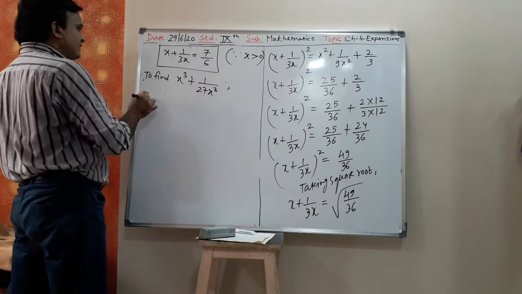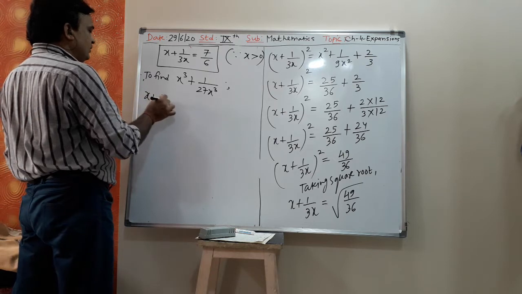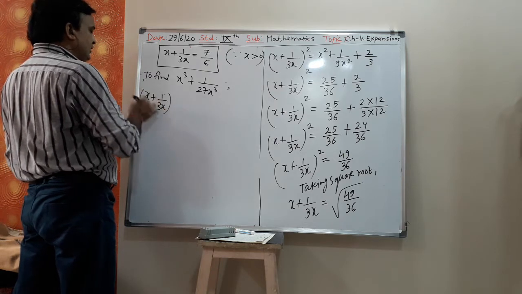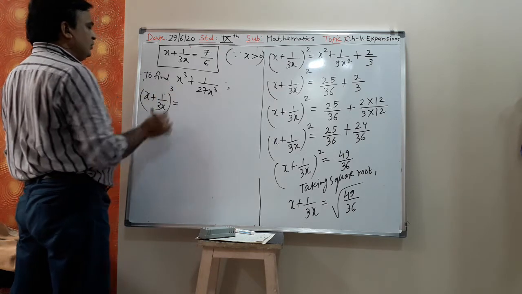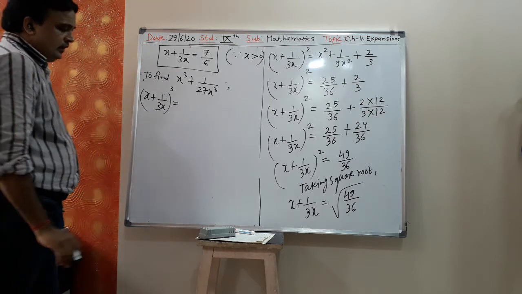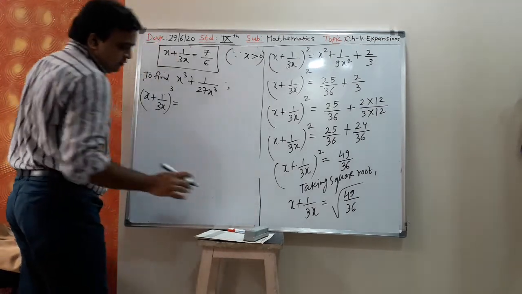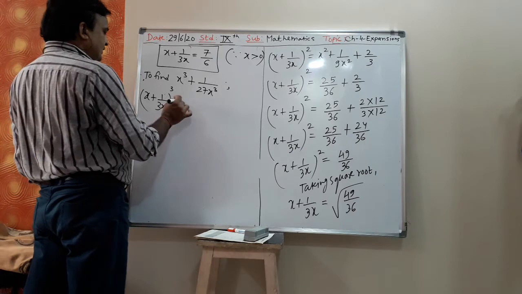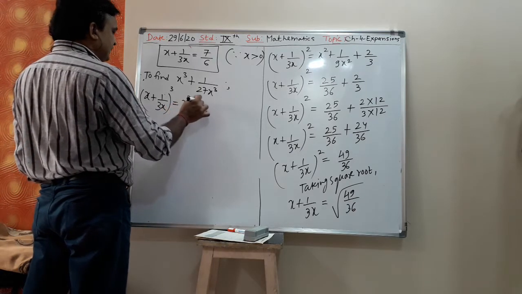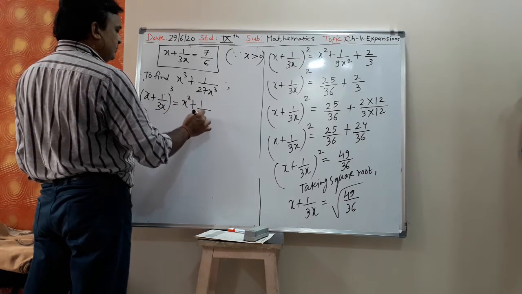I will consider x plus 1 upon 3x whole cube and use the formula for a plus b whole cube. So that is a cube plus b cube, where b cube is 1 upon 27 x cube.